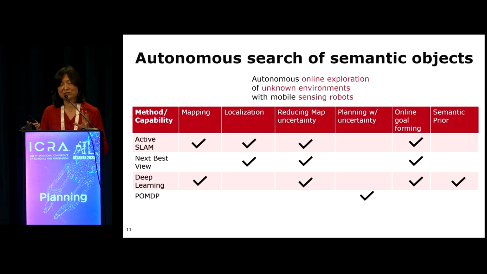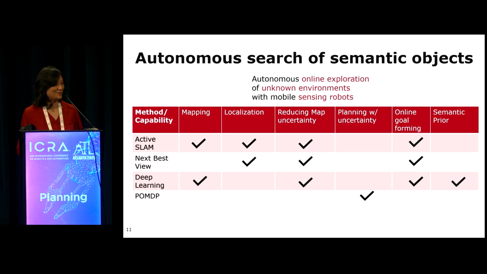Now, I also want to talk about, in this kind of unknown environment, what about finding some semantic objects, autonomously searching for semantic objects? That requires a lot of capabilities that we have related research on, from active SLAM to next best view and deep learning to map what's discovered in an environment to the robot action, and POMDP.